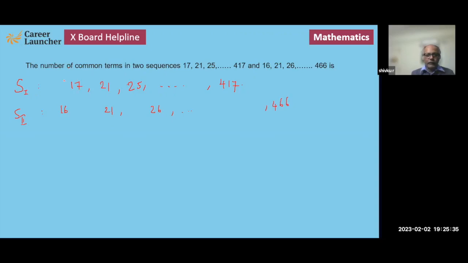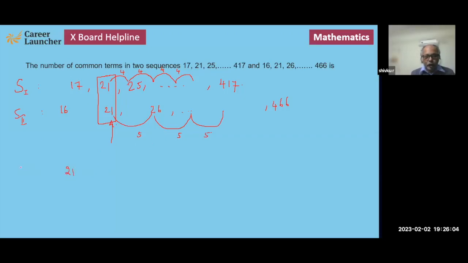So what is it that I am seeing? I am seeing that the first common term to both the sequences is 21. Now the next terms are going to come in jumps of 4, whereas here, it's going to come in jumps of 5, right? So when will the next term come after, right?